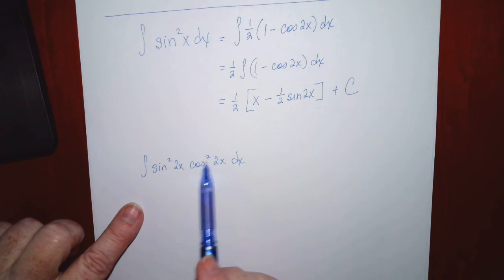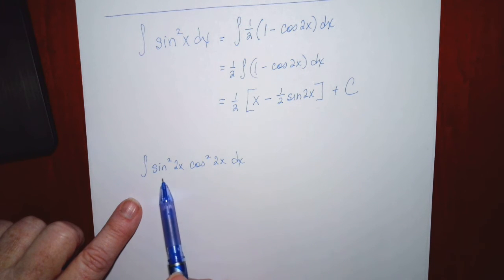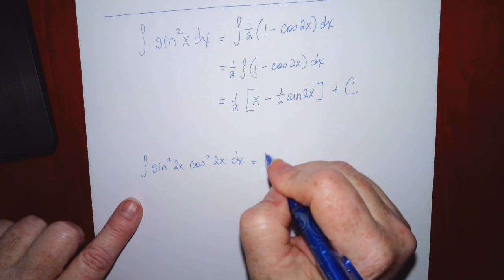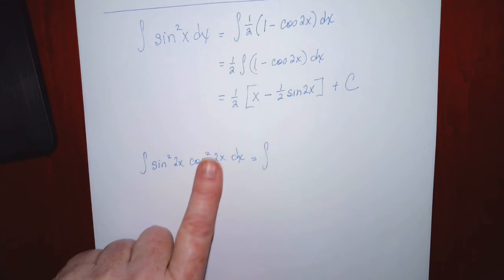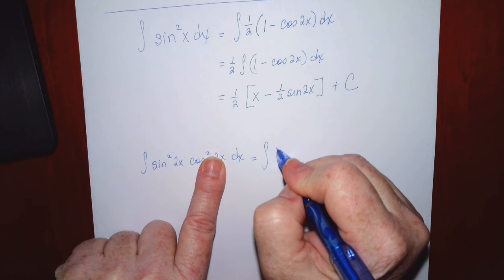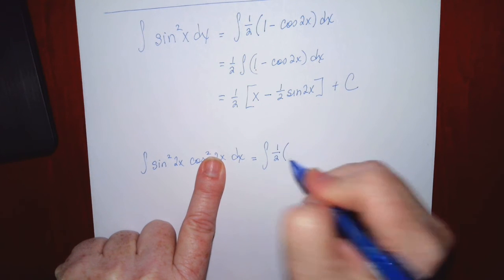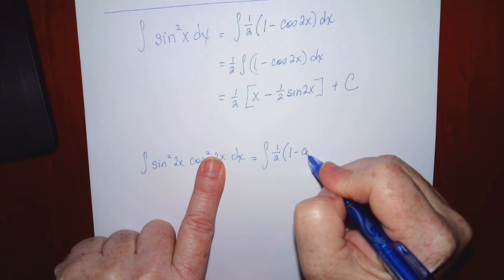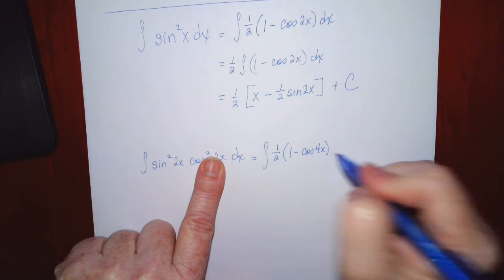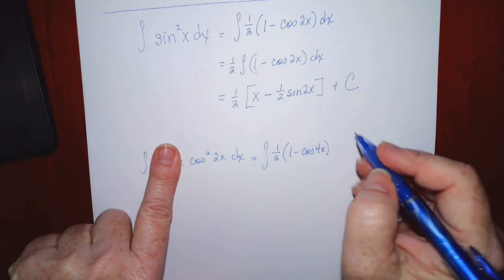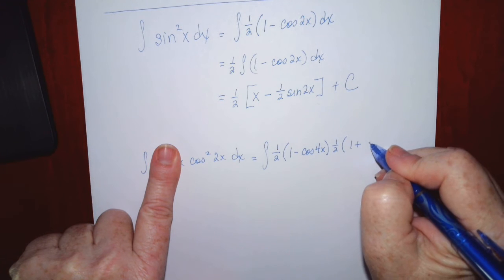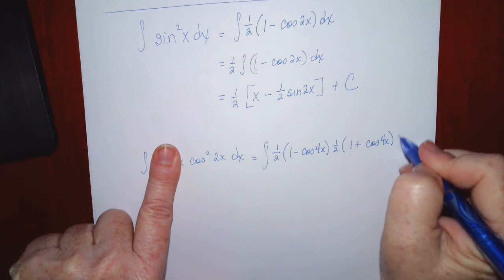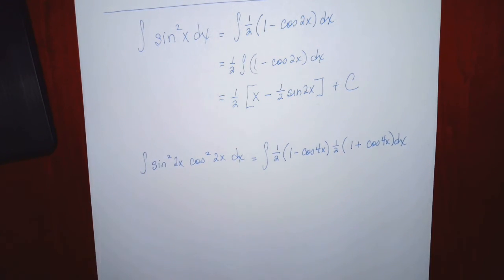So since they're both raised to even positive powers, I am going to use the half angle identity on both of them. Sine squared of 2x is 1/2 of 1 minus the cosine of 4x. Cosine squared of 2x is 1/2 of 1 plus the cosine of 4x dx. Half the exponent, double the angle.